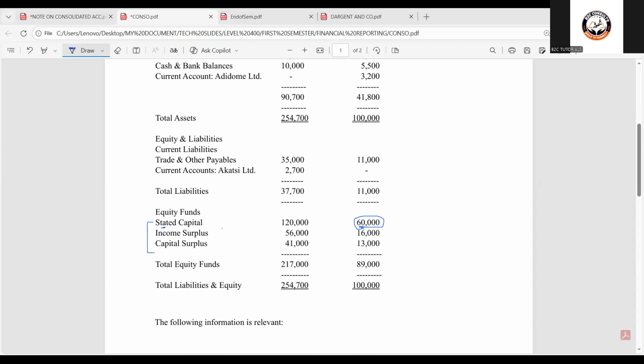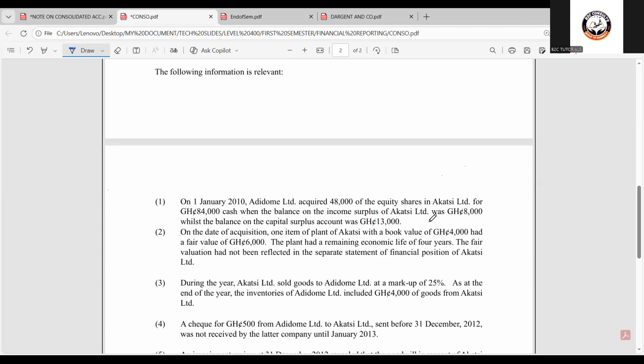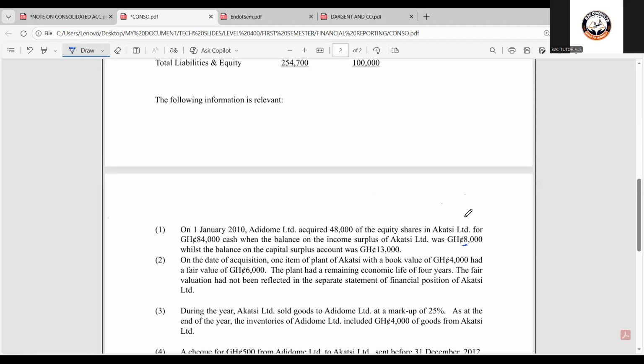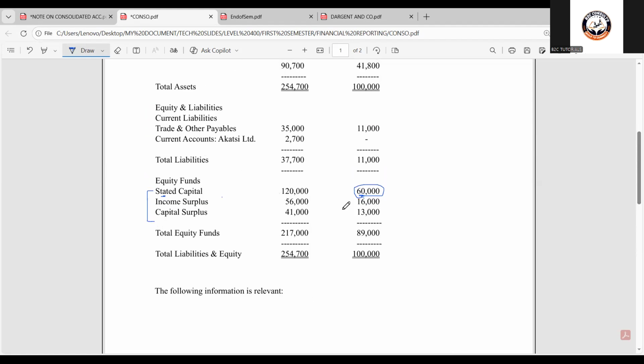Okay. So it says that when you bought, the company had some income surplus of how much? 8,000. It means that 8,000 will be the income surplus at acquisition. Then the income surplus of 16,000 becomes the income surplus at the year end.